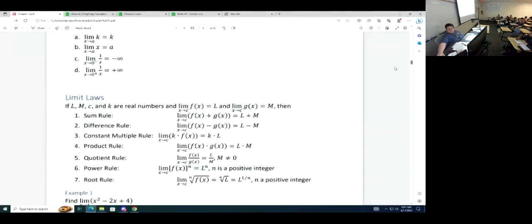So in three, if we have k times f of x, we can factor out the k, pull the k outside the limit. If we actually have the product of two different functions and we're doing the limit, whatever the limits of each of them are, we can just multiply those. So the limit of the products is the product of the limits.